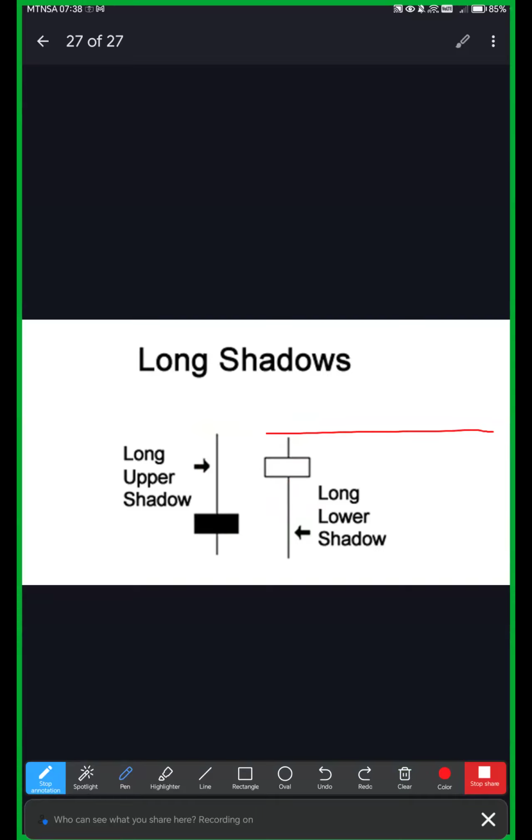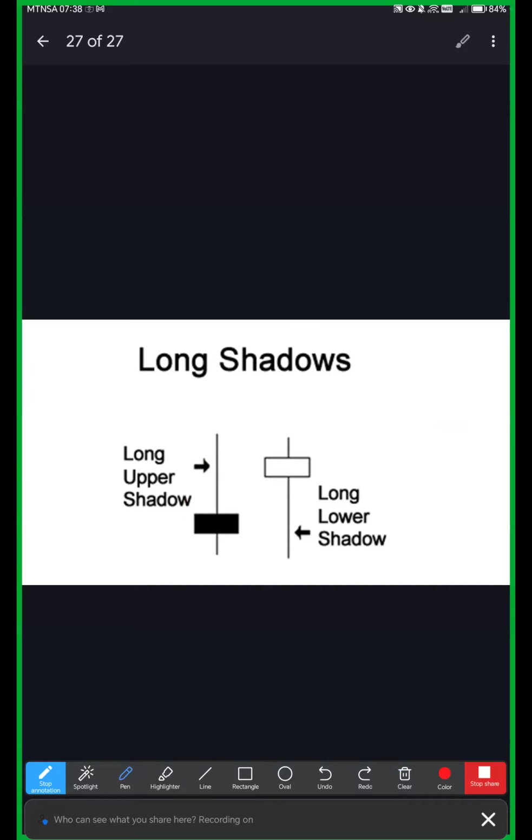Now, let's find out other hidden information in shadows. Listen to me now, I'm winding up on the candlestick anatomy. If a candlestick has got a longer upper shadow, which candle here is having a long upper shadow? It is this one.